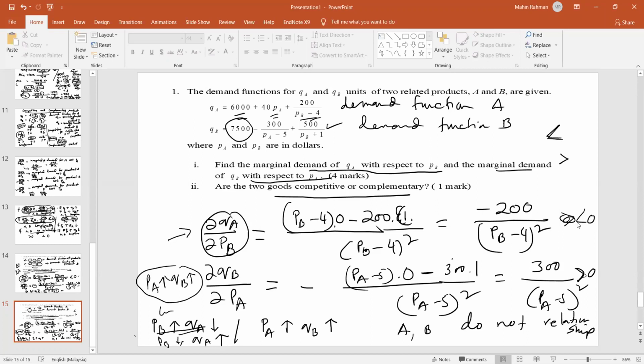If they show negative, both of the marginal demands, they will be complementary. If both of them show positive, that will be competitive. Both of the marginal demands of product A and B with respect to PB and PA should show the same sign. If positive, then competitive. If negative, then complementary. Do you understand?